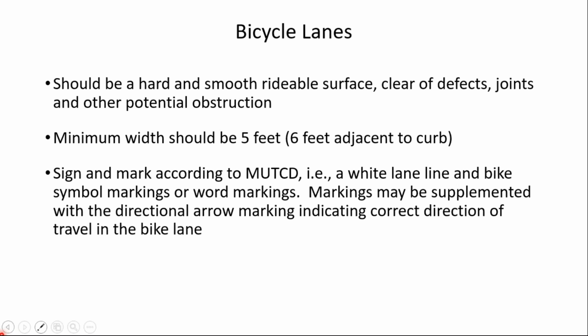They need to be signed and marked according to the MUTCD. That is a white lane line and bike symbol markings or word markings. The markings may be supplemented with the directional arrow marking indicating the correct direction of travel in the lane.